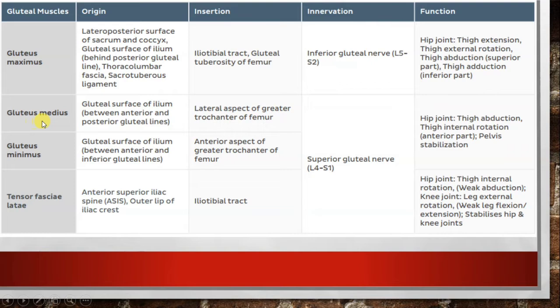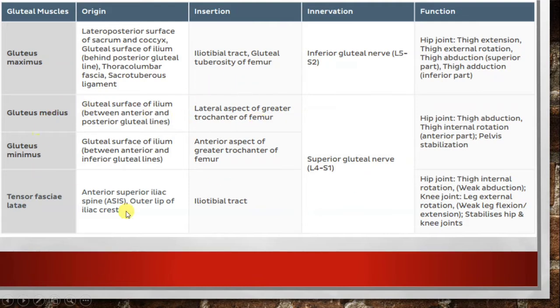So now come to the gluteus medius. It is arising from the gluteal surface of ilium, between the anterior and posterior gluteal lines, and its insertion is the lateral aspect of the greater trochanter of the femur. So it is attaching or inserted to the greater trochanter of the femur. Innervation is by the superior gluteal nerve.